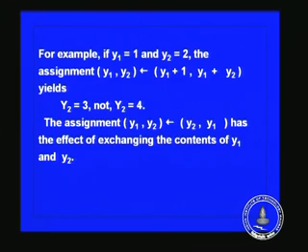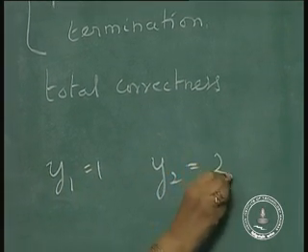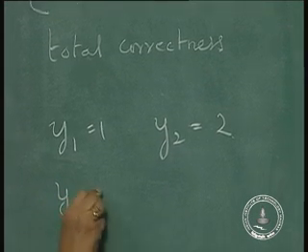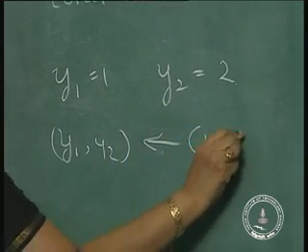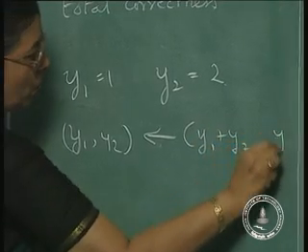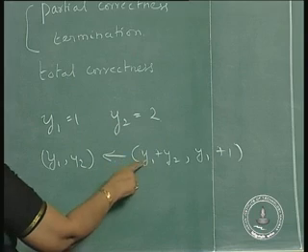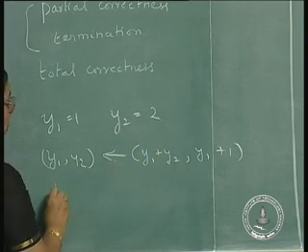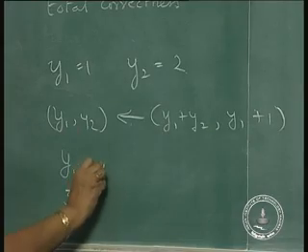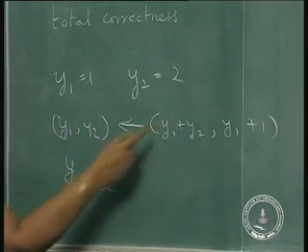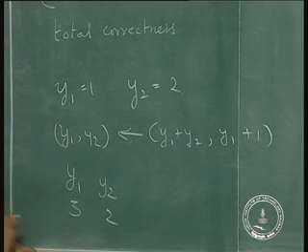Suppose you have y1 is 1, y2 is 2 and I have y1 comma y2 replaced by y1 plus y2, y1 plus 1, suppose it is like this. y1 will be replaced by y1 plus y2. So, the new value of y1 will be 1 plus 2, 3 and y2 is replaced by y1 plus 1, that is 2, like that, 1 plus 1, 2, like that.